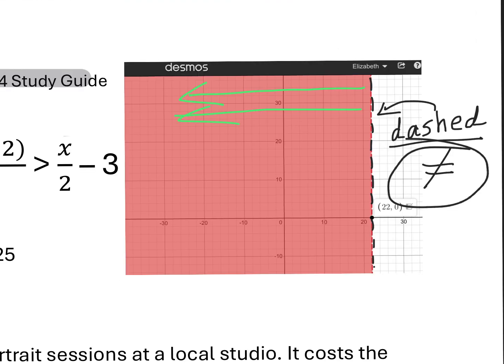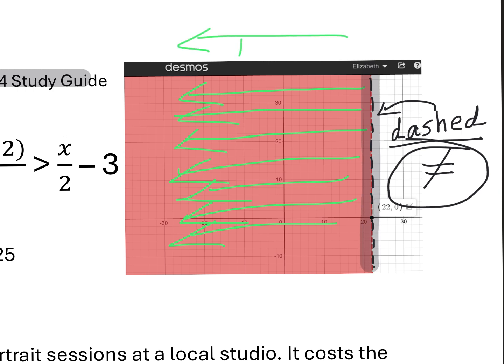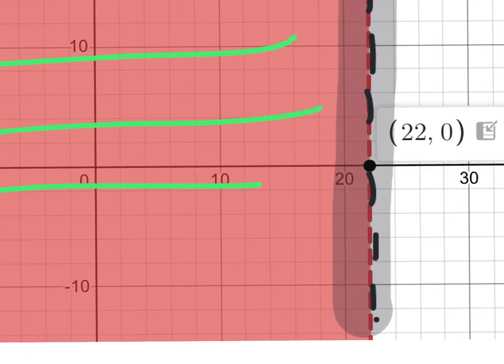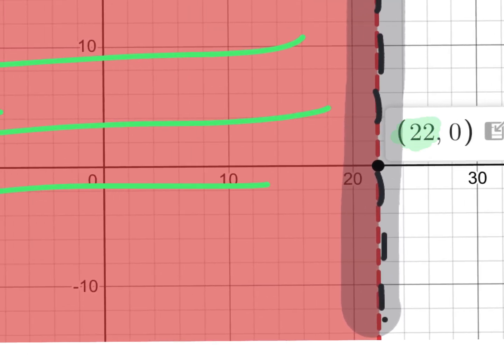You can also see that the graph shows everything to the left of that boundary line is shaded. And to the left means less than. And the line goes through the number 22.